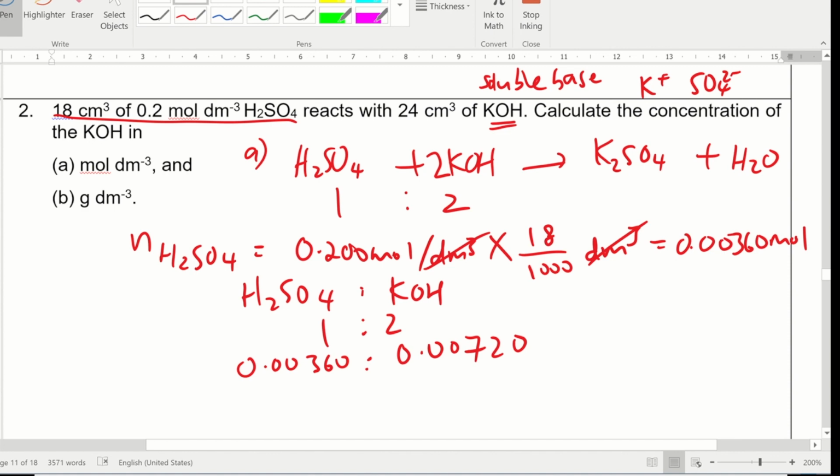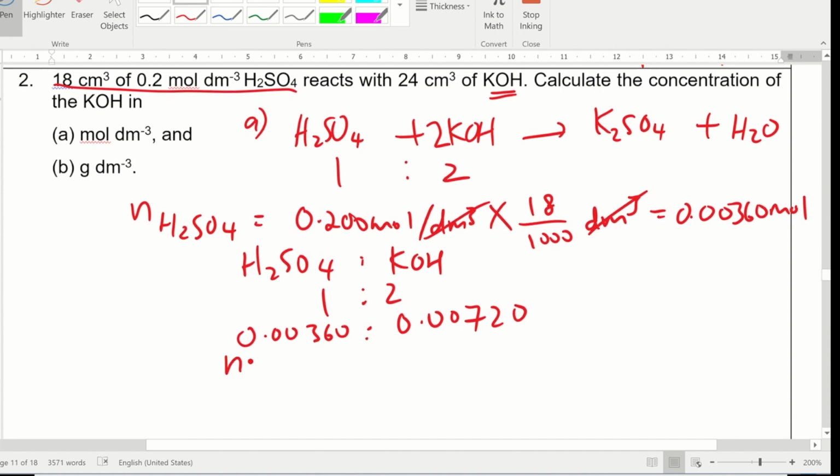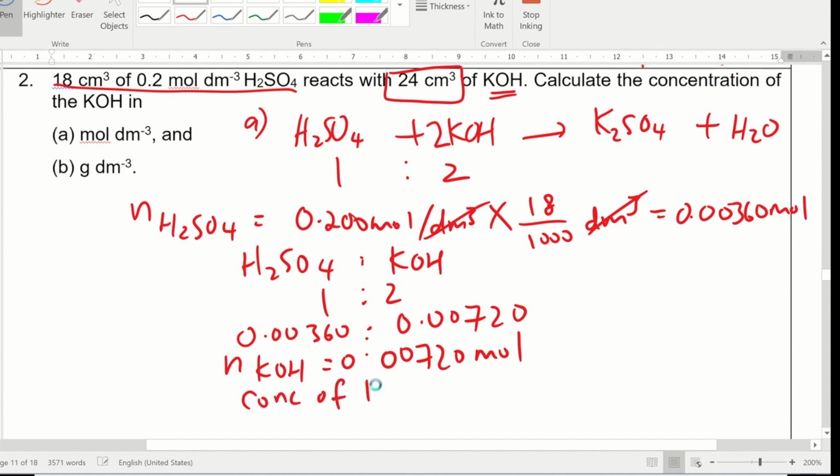So I have the number of moles. Number of moles of KOH is 0.00720 moles. I have the volume. Concentration of KOH is moles over volume in dm cube.